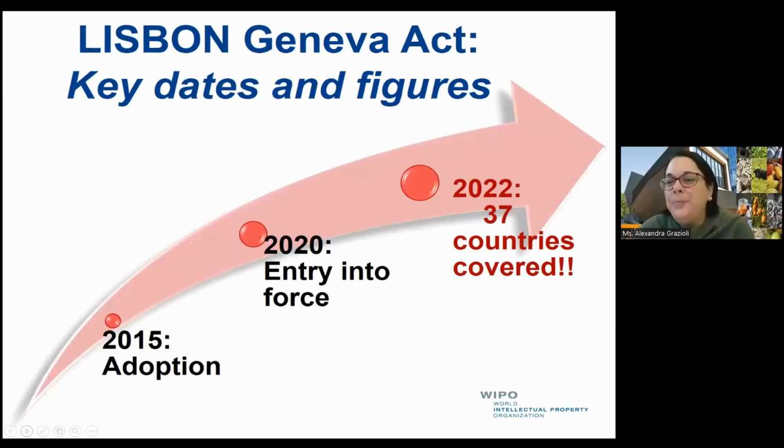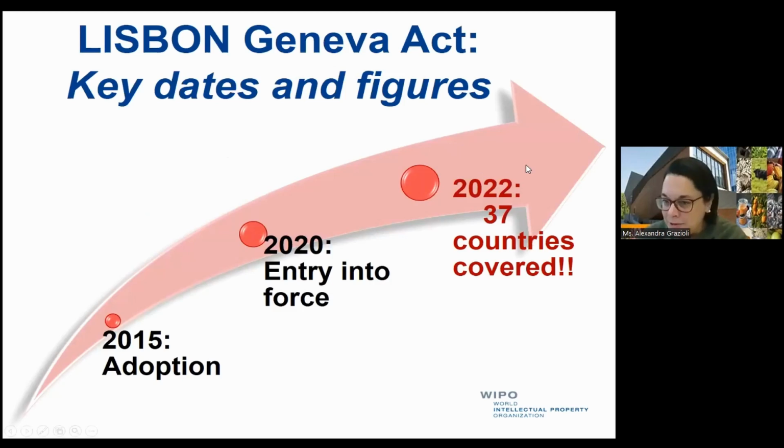And let's see now the perspective of growth of the system, because we are now in a very interesting phase of the development of the system. So as I mentioned before, the Geneva Act was adopted in 2015. It took us 5 years, which is really good in terms of an international treaty, to have its entry into force, which was done in 2020.